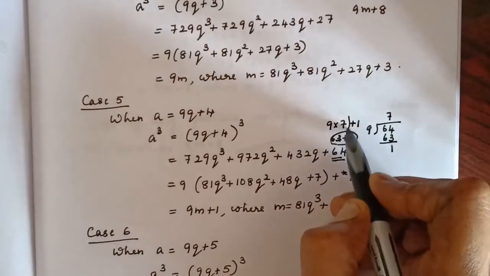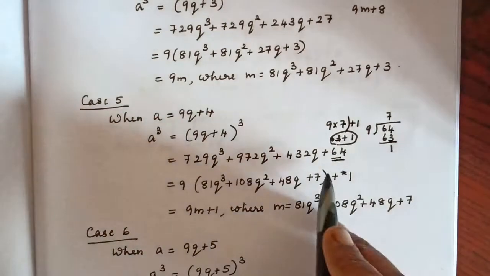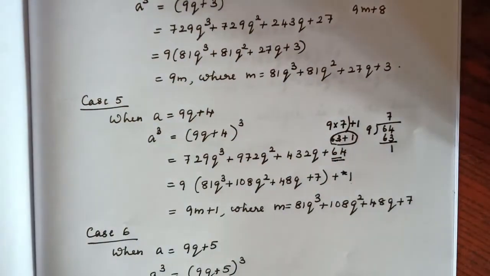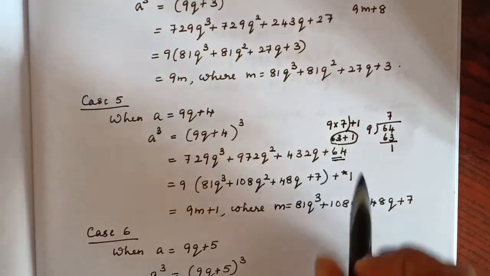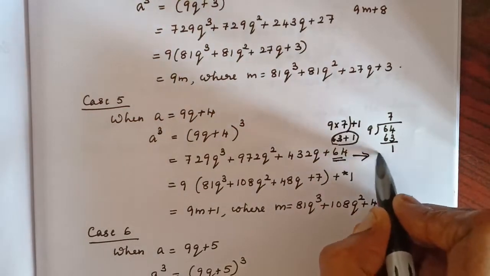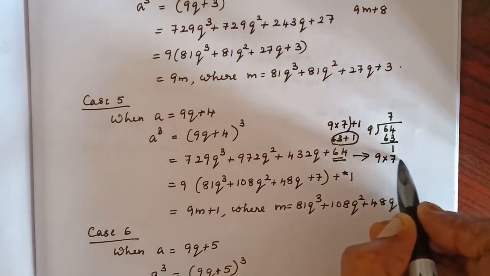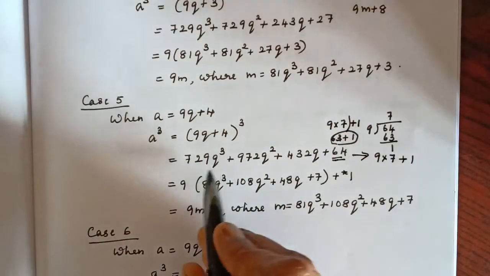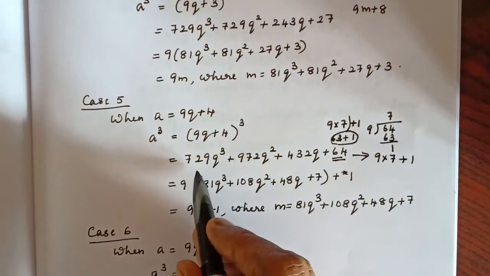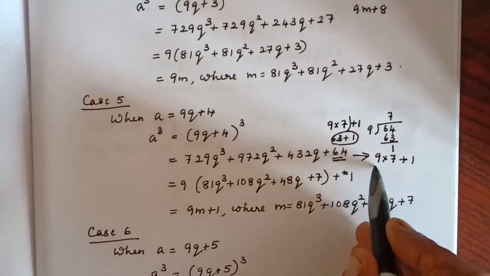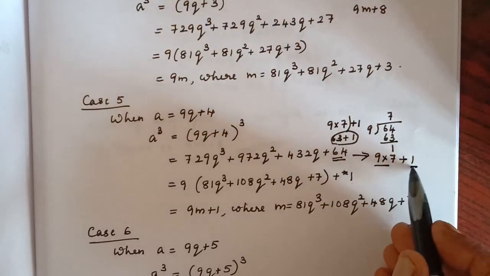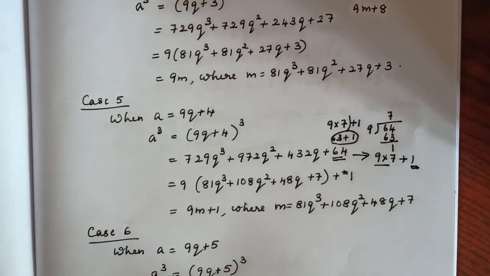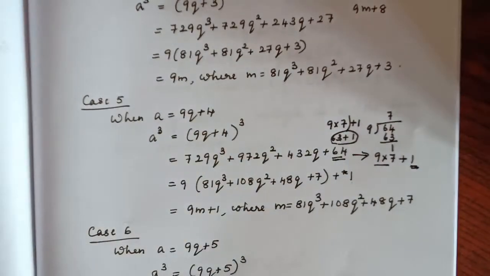Till this much only we have to take. Plus this one. So we are splitting this 64 as 9 into 7 plus 1. That is totally, you could see here, 1, 2, 3. This is our fourth term and this is our fifth term. We are making it as 5 terms.